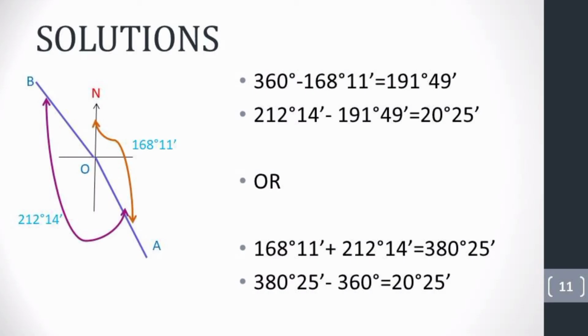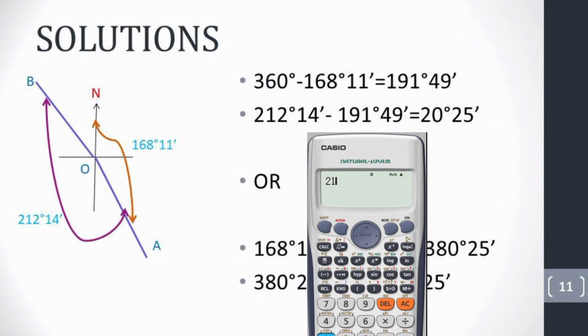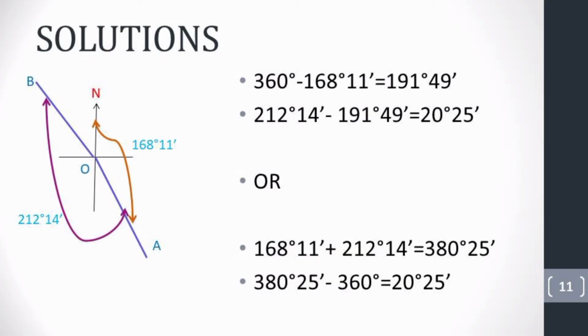The internal angle of that reading AOB was 212 degrees 14 minutes. So in order for me to know the bearing of OB, I will subtract my answer there with my internal angle, and I will get 20 degrees 25 minutes.